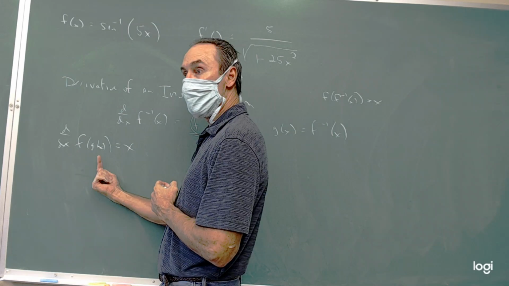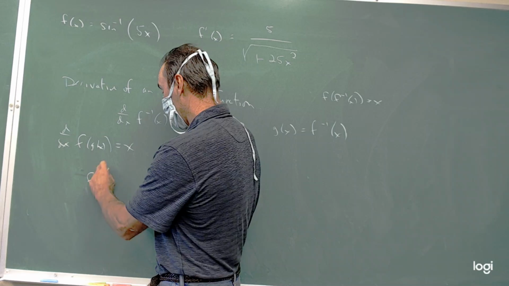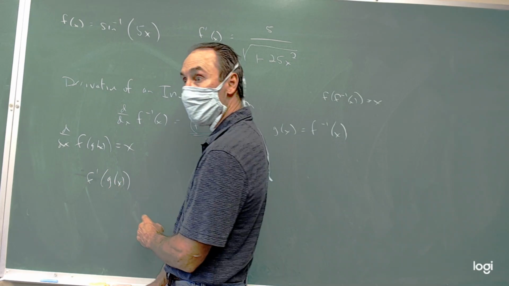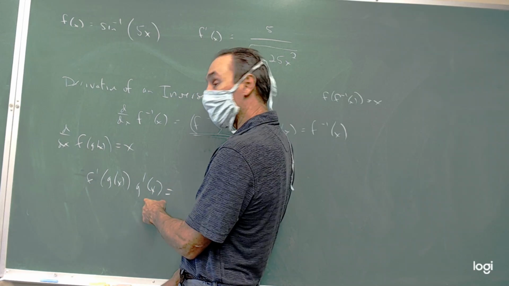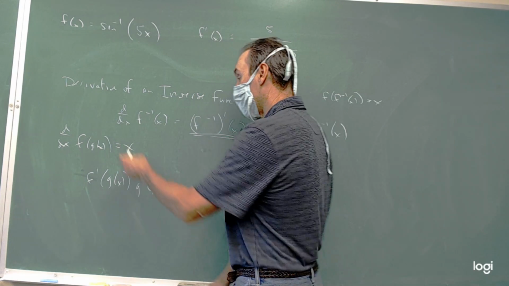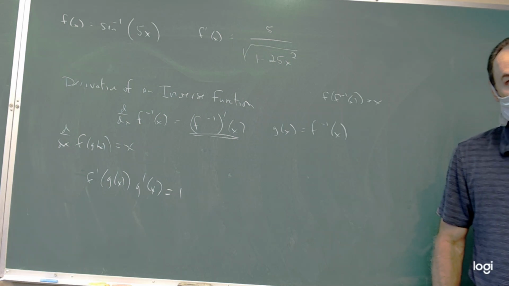But this is our chain rule derivative. So we're going to get the derivative of the outside function, leave that inside function alone, times the derivative of the inside function. That's what we're trying to find, that g prime of x, and the derivative of x is just 1. You with me on that?